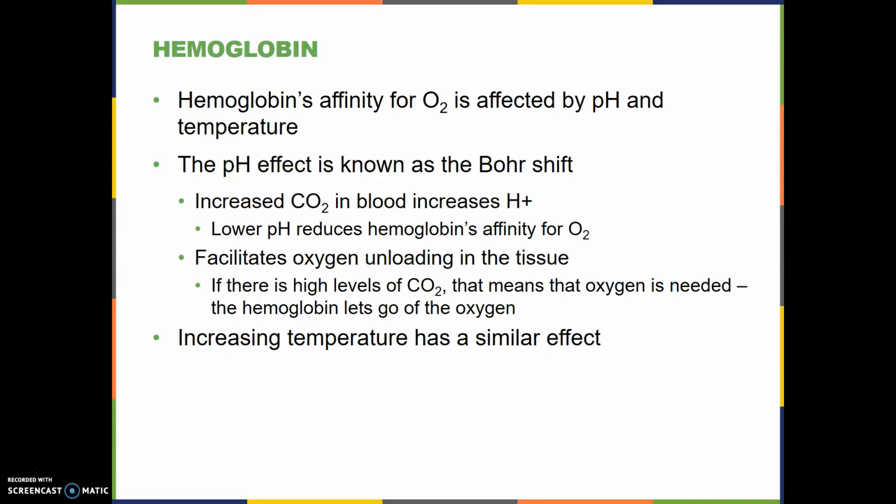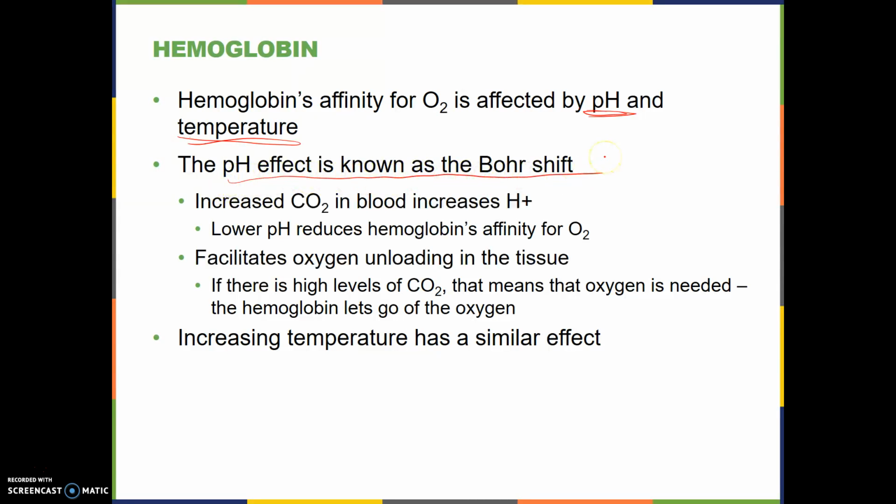Hemoglobin's affinity for oxygen is how attracted it is to the oxygen, how likely it is to attach to the oxygen and carry it. It's affected by pH, and it's also affected by temperature. The pH effect is known as the Bohr shift.